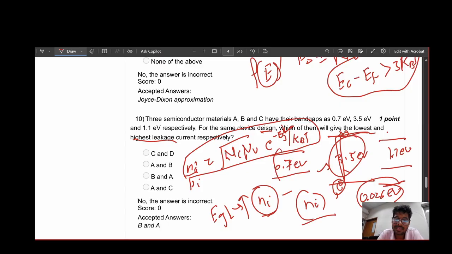For 0.7 electron volts it will jump easily, and the electron concentration in the conduction band will be more than for 3.5 electron volts. More carrier concentration means more leakage current. A has the highest leakage current and B has the lowest. So the answer is C. Got the point?